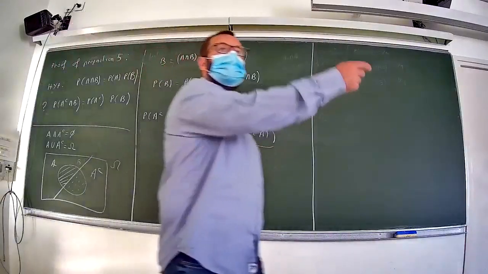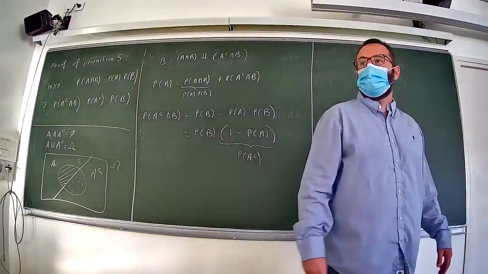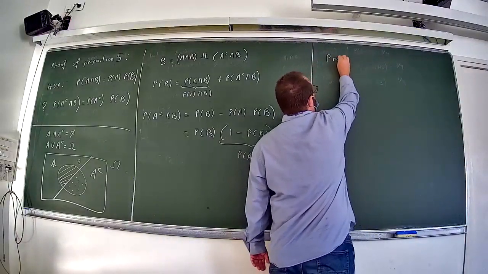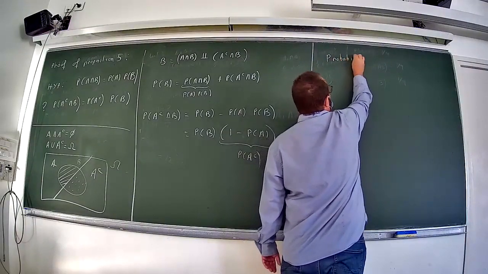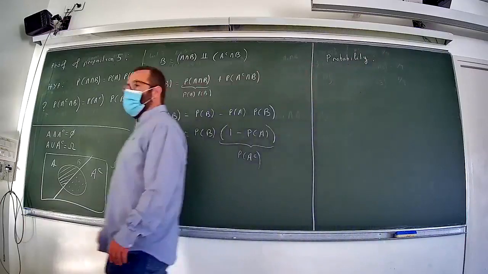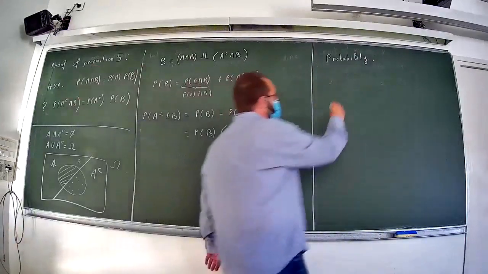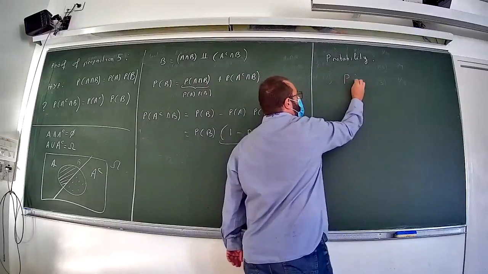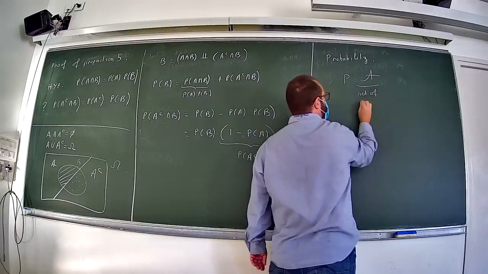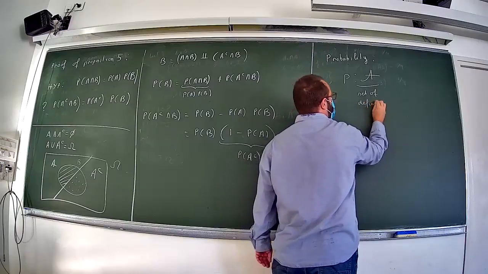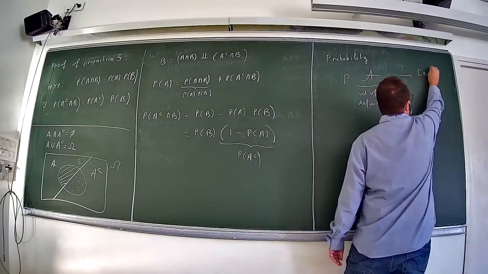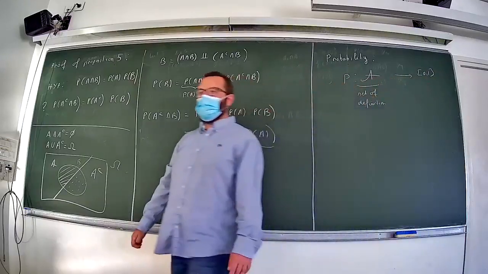I have given you the definition of a probability. I have said to you that a probability, if I am not in the intuitive case, is a mapping from a set A, that was the set of definition, with values in [0, 1], because a probability is a number between 0 and 1.